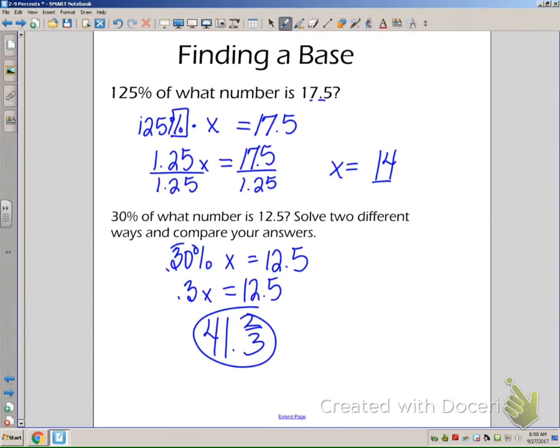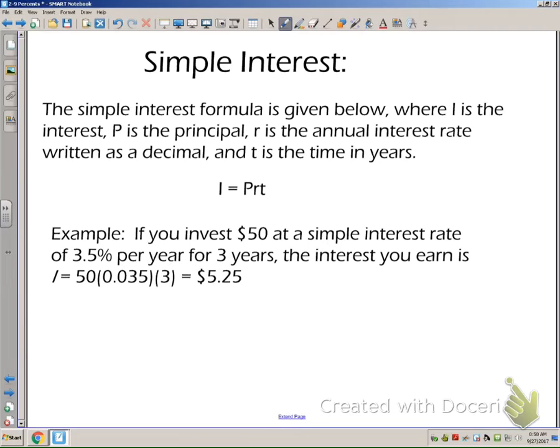So a common application of percents is, why isn't my board catching up? Okay, there it is. A common application of percent problems is simple interest, which is interest that you earn on the principal amount that's in an account.